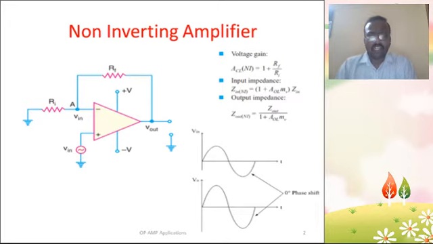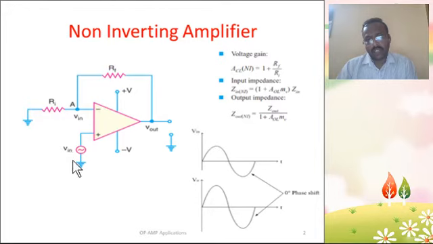So non-inverting amplifier means there is no phase shift between input and output signal. This means output will be in phase with the input signal. So this is a circuit diagram of non-inverting amplifier.